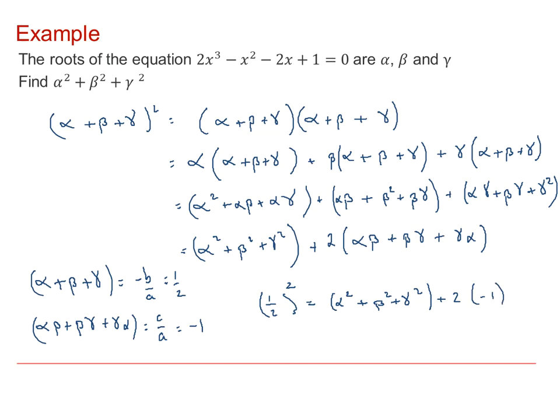So rearranging that, we find that alpha squared plus beta squared plus gamma squared is equal to 1/2 squared, which is 1/4, and then plus 2, or in total therefore 9/4.